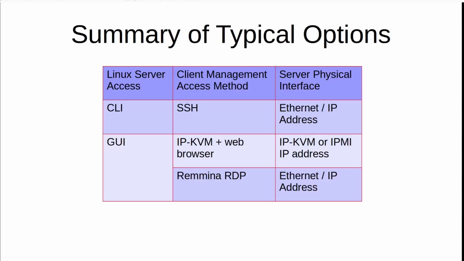If we have a GUI on our Linux server, we have a couple of options. We can use an IPKVM device to log in, which is also IPMI if it's built into our server, or we can use a web browser using Remmina RDP, and there we'll tell it the IP address of the device, and we'll also use the Ethernet interface to do that.